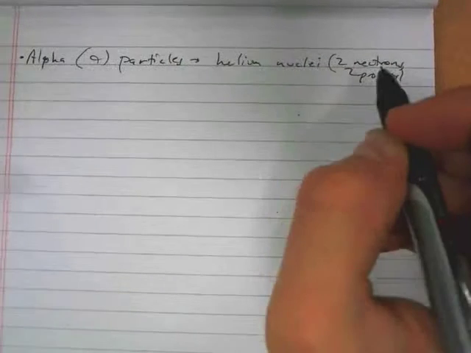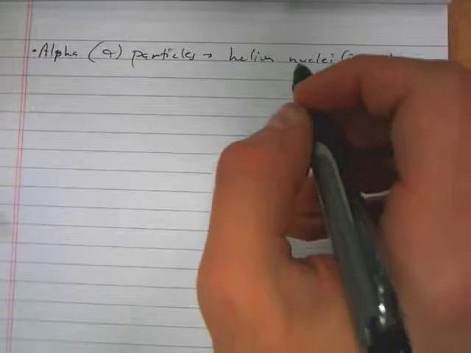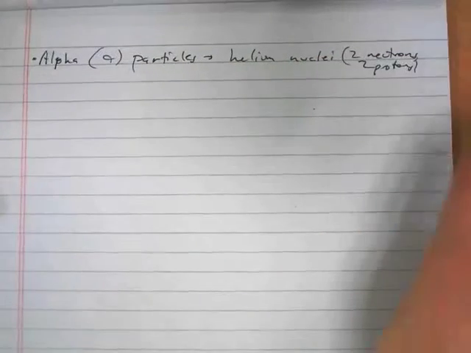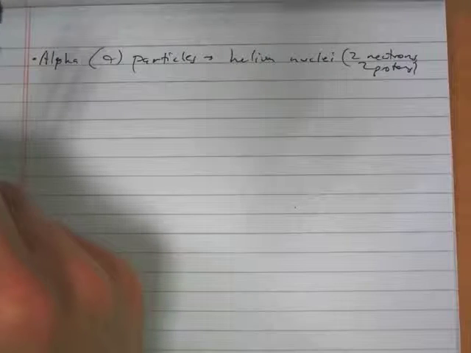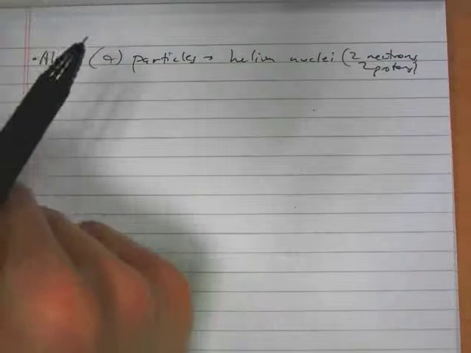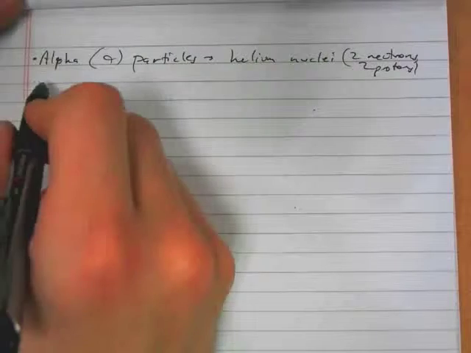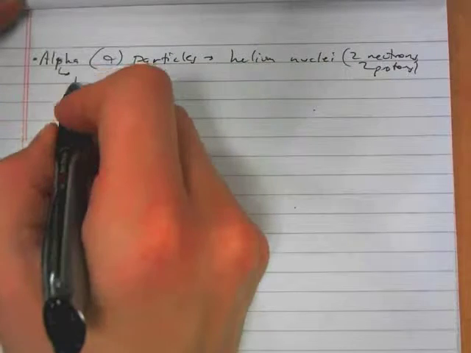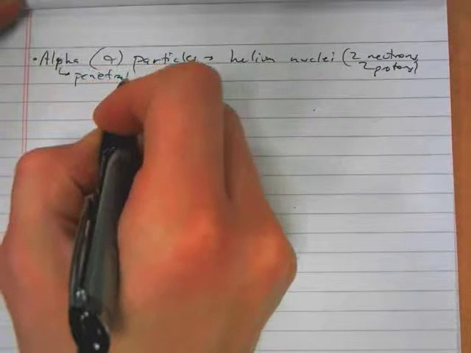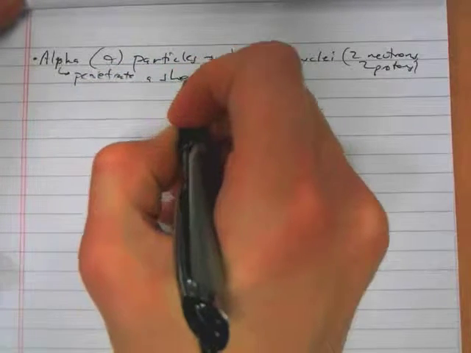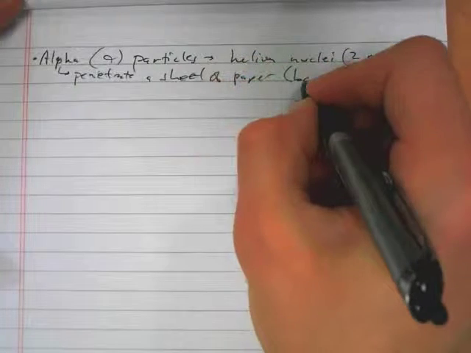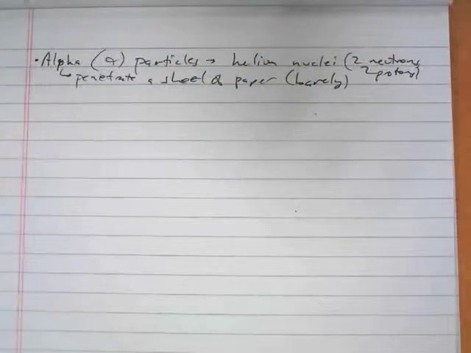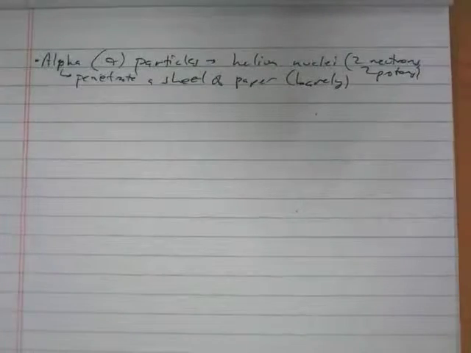That's what's given off in alpha decay. And they're classified according to how dangerous they are based on how much they can penetrate through different materials. An alpha particle will penetrate a sheet of paper just barely. So it can't get through very much.